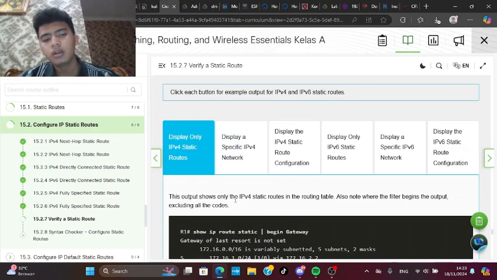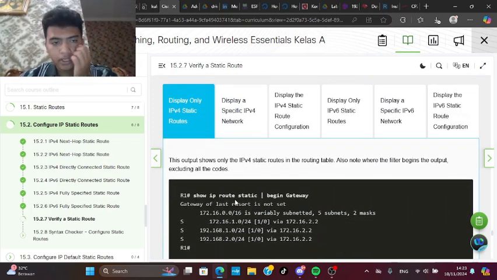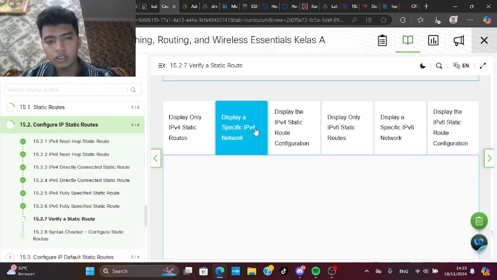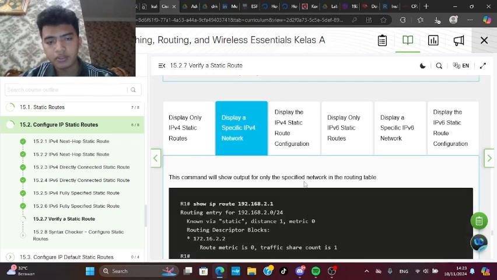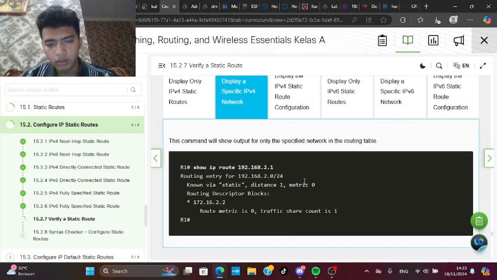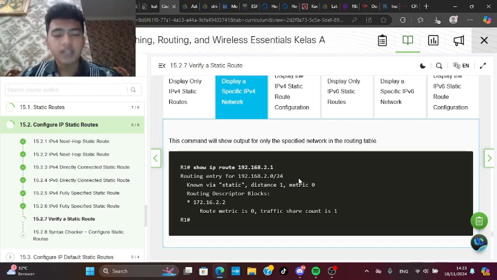So here we display only the IPv4 static routes. We use show ip route static, and then begin gateway, and then we have a display for a specified IPv4 network. For the specified one, we must type the IP address that we want to see the route for.